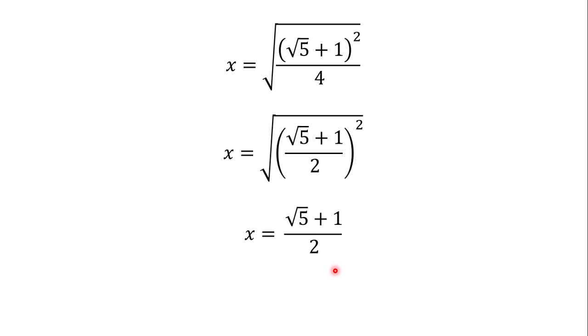So you see, after simplifying, after reducing the square root of root 5 plus 1 over root 5 minus 1, this is what we have gotten for the value of x. Okay, so we are going to put x equal to root 5 plus 1 over 2 into the expression, and then we find the value of the expression at the end of the day.